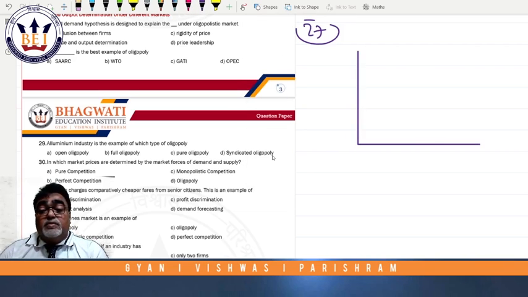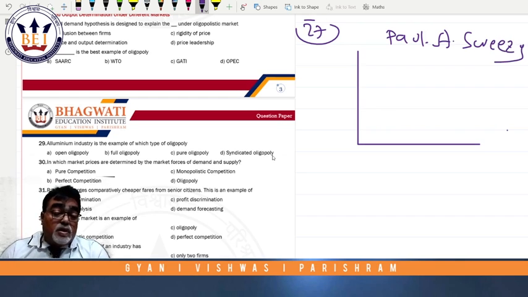Slowly, slowly. This is a very good question. My dear students, in oligopoly, there are two parts, collusive oligopoly and non-collusive oligopoly. Professor Paul A. Sweezy, one of the greatest economists, has given the concept under non-collusive oligopoly.